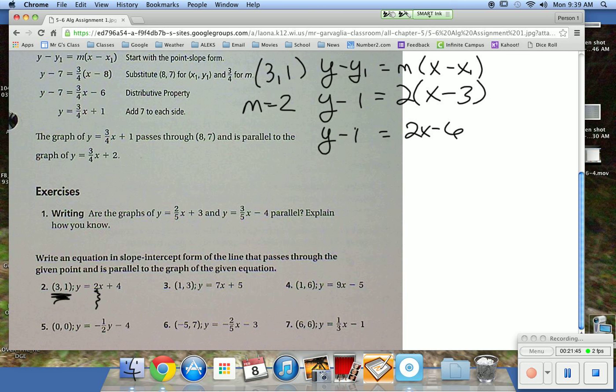Does everybody see how I solved that one? Were you paying attention? What do you think I did here then, Libby? What do I have to do with those parentheses? Yeah, I got a minus. I got to times the 2 through. I have to distribute, right? 2 times x is 2x. 2 times negative 3 is negative 6.